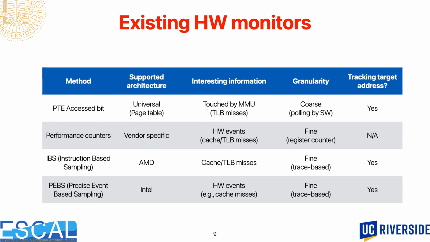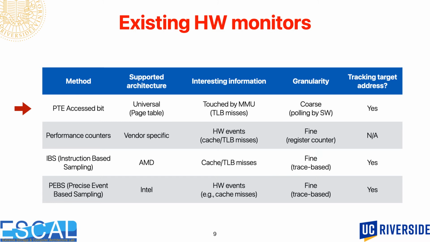Okay, to understand different hardware monitors, let's look at the table. The page table contains address translation between virtual and physical addresses. An access bit, let me call it the A bit, is a flag bit to indicate whether the page table entry is accessed or not. This method is universal, so it has no vendor dependency.